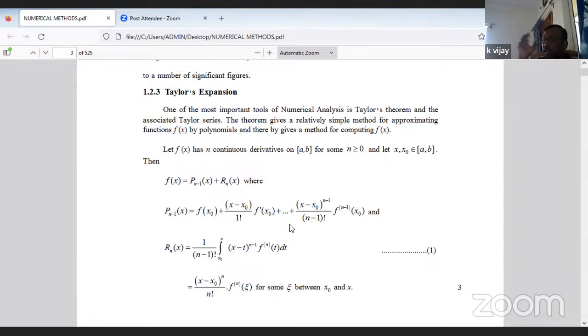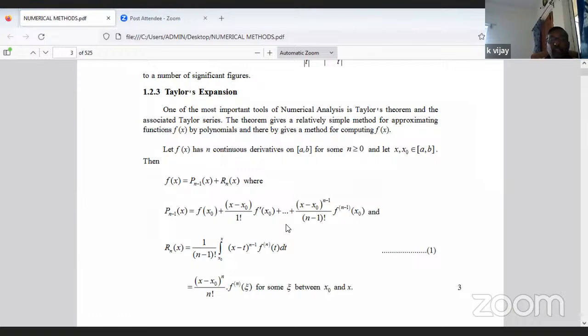Pn minus 1 of x equals f of x naught, plus (x minus x naught) by 1 factorial f dash, plus (x minus x naught) squared by 2 factorial f double dash, plus (x minus x naught) cubed by 3 factorial f triple dash, and so on, up to (x minus x naught) power n minus 1 by n minus 1 factorial, f of n minus 1 of x naught. So Rn of x, the nth remainder term, we take as 1 by n minus 1 factorial.